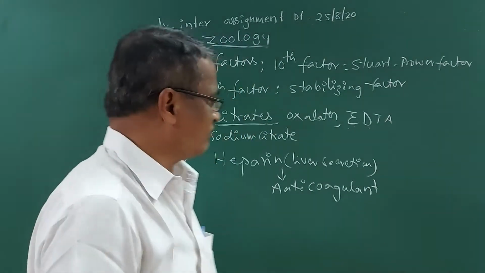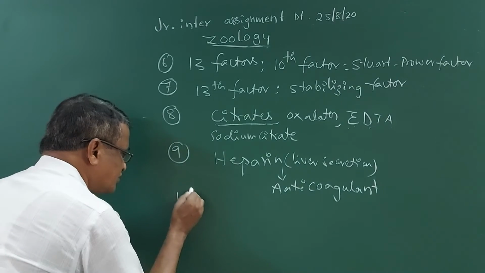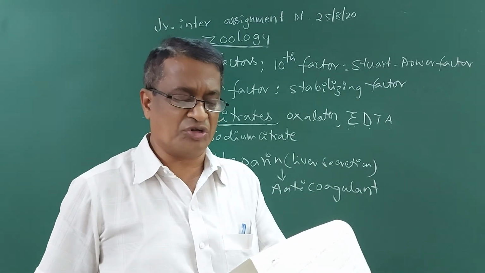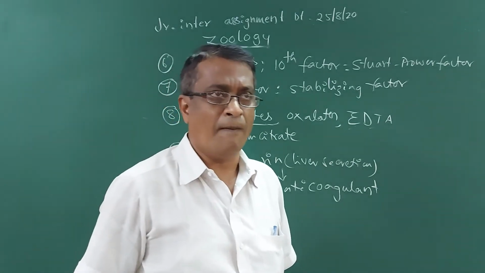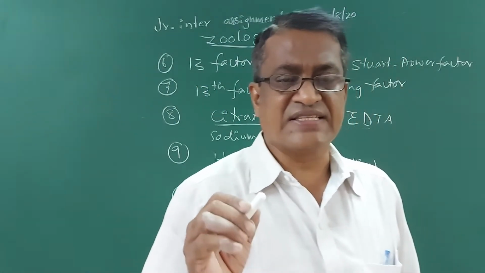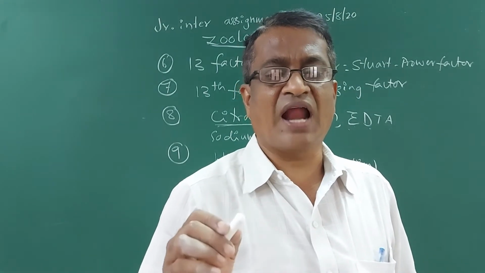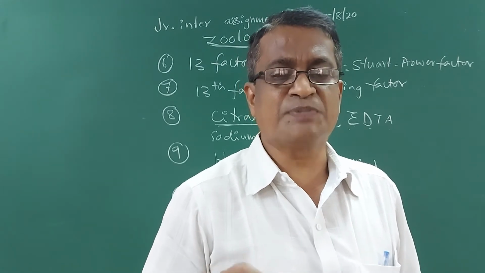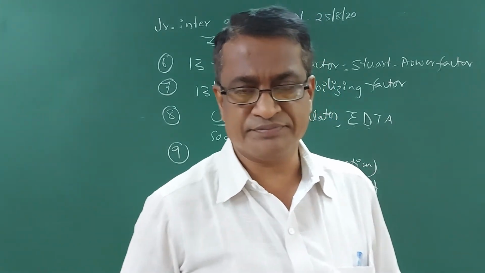Then the 10th one, failure of blood to clot due to a genetic disorder. There is a gene which secretes some blood clotting factors. That gene is present on the X chromosome.